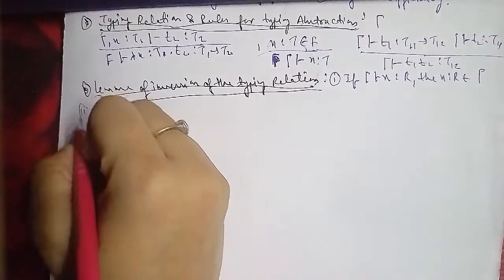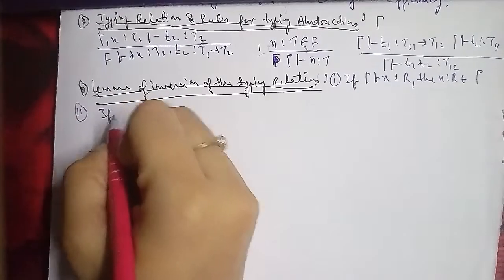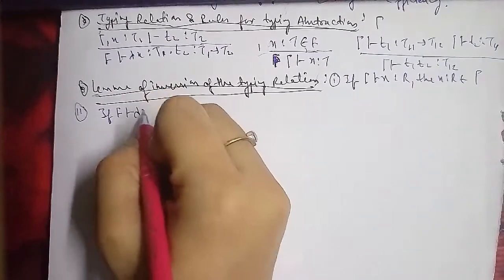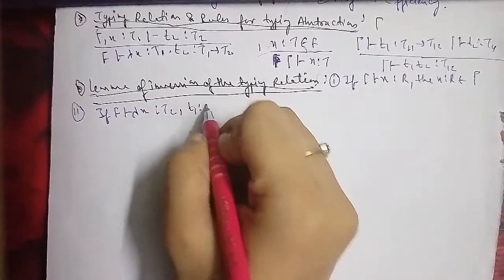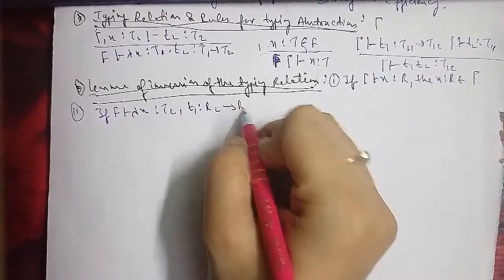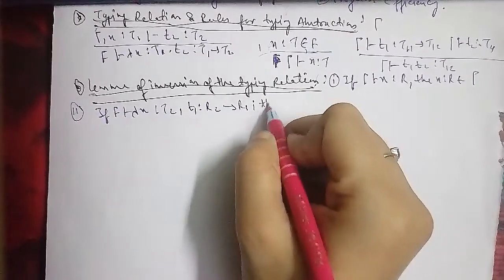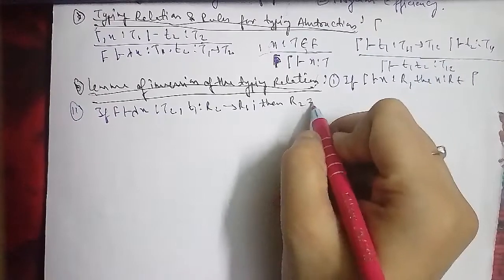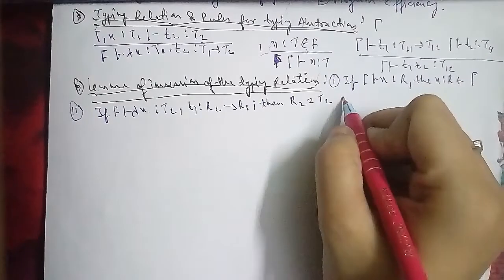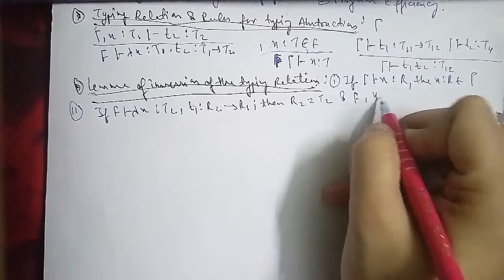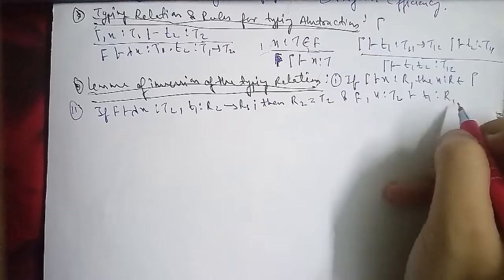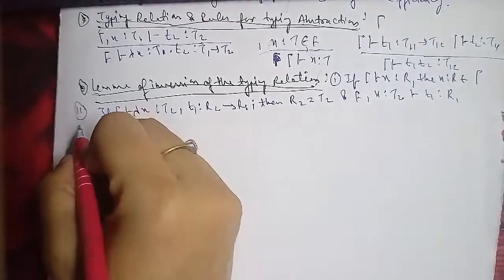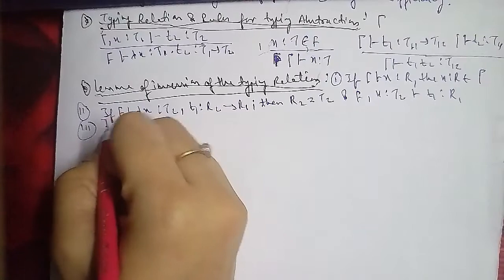The third we have here is: if Γ ⊢ t1 t2 : R, then there is some type T2 such that Γ ⊢ t1 : T2 → R and Γ ⊢ t2 : T2 here.